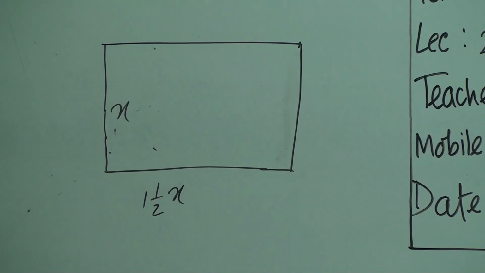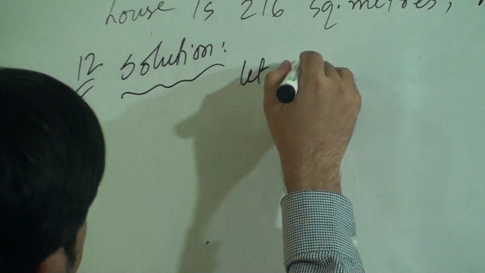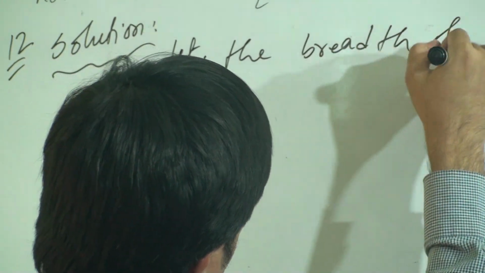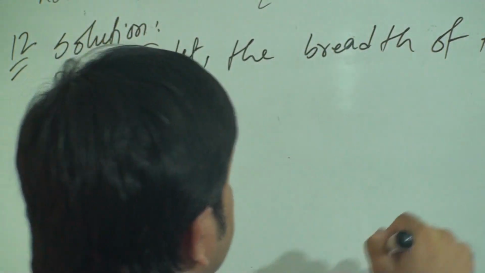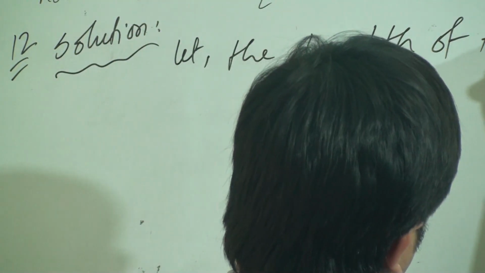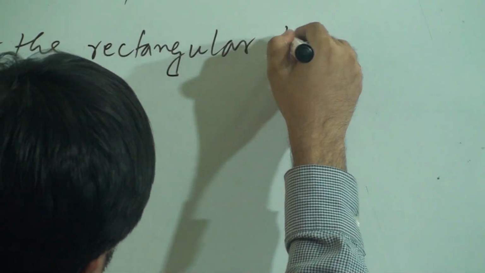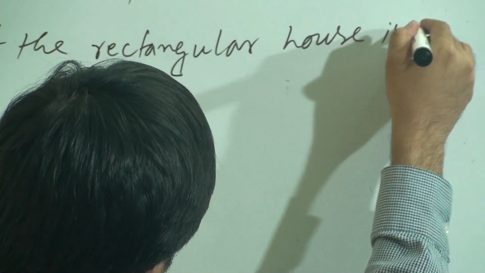Now see. At first we can write here, let the breadth of the rectangular house is x meter.